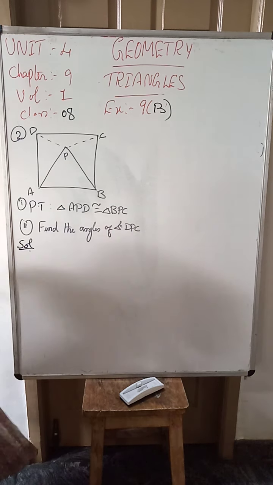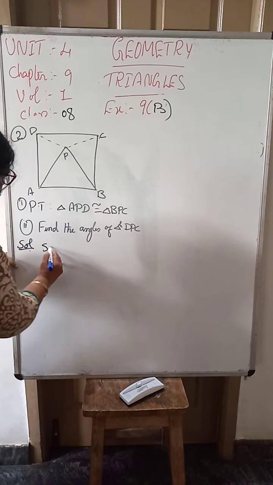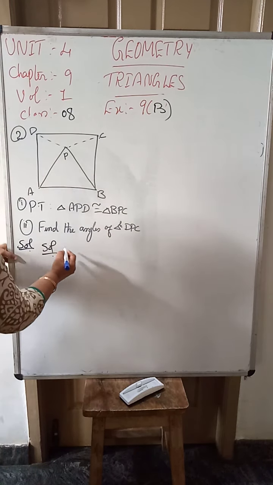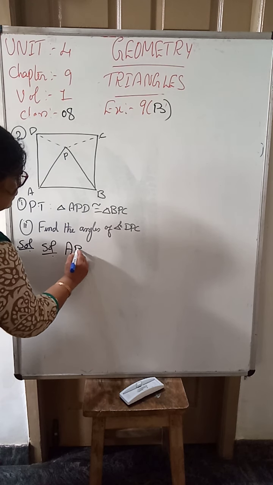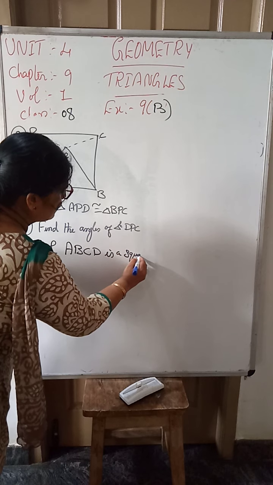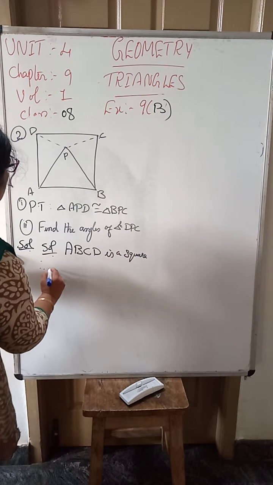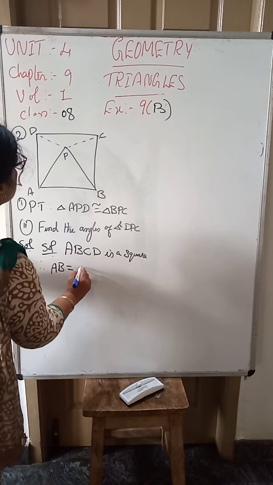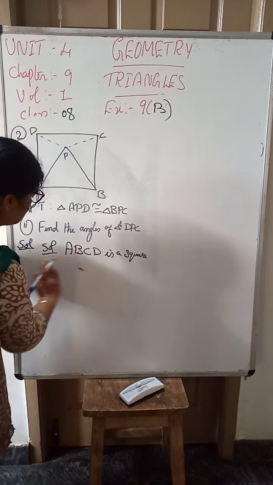First, the solution says that ABCD is a square. Therefore, AB is equal to BC. Let me write later.